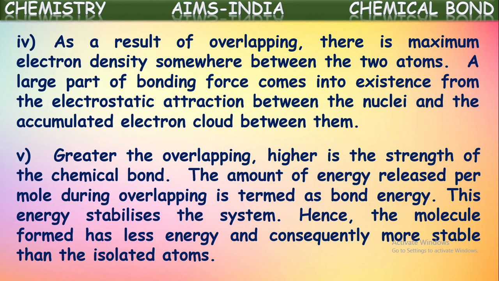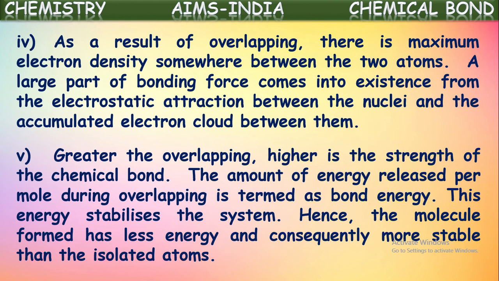We know that while forming chemical bonds, atoms lose energy so that they come into the least energetic or more stable state. The amount of energy released per mole of atoms during the overlapping is called binding energy.